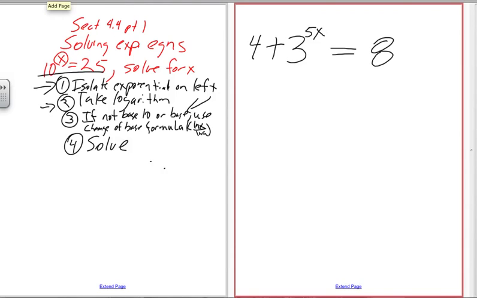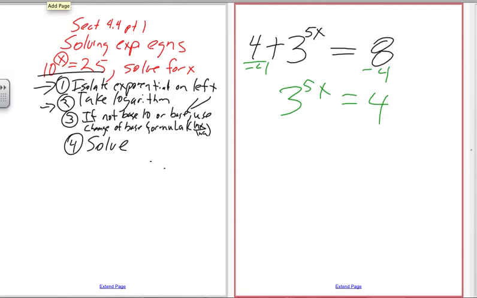All right, well, there's a lot going on here, but again, the old classic thing, take these things one step at a time. So isolate the exponential on the left. That's my first step. Well, first thing I need to do then is move that 4 over, which is by subtracting 4. So I'm going to be left with 3 to the 5x equals 4.